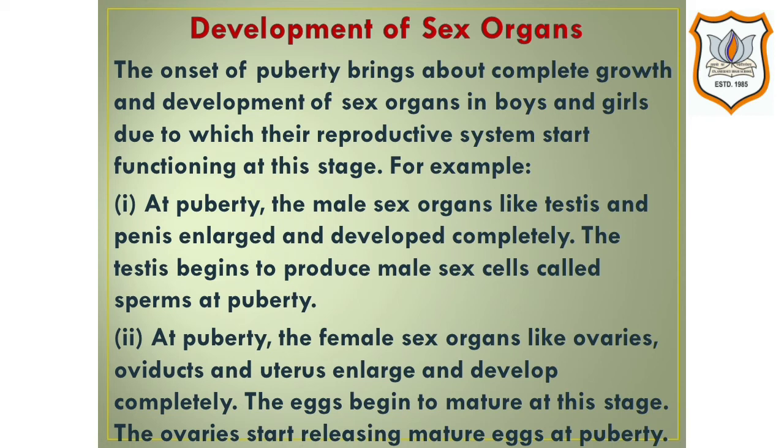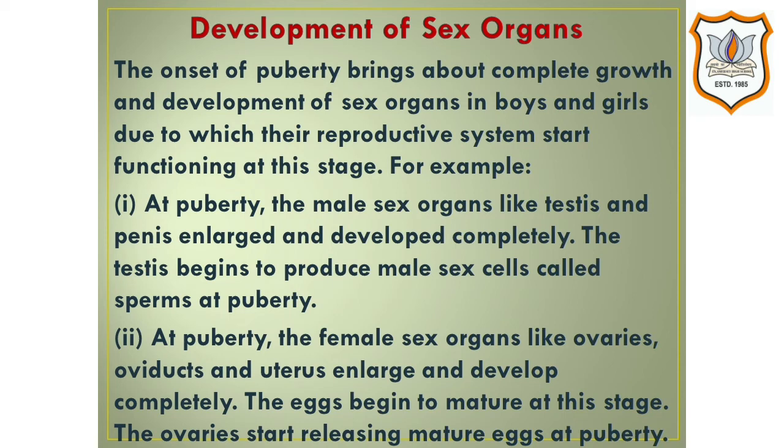For example, first one is at puberty, the male sex organs like testes and penis enlarge and develop completely. The testes begin to produce male sex cells called sperms at puberty. This makes the boy's reproductive system function at puberty.